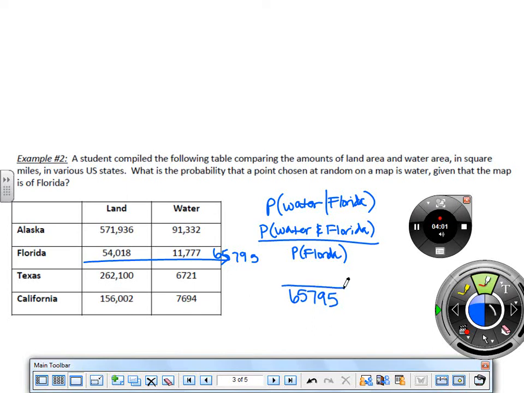And to be a water area in Florida is this 11,777 number, giving us 0.179 or 17.9% probability.